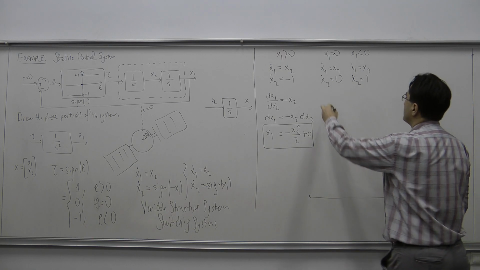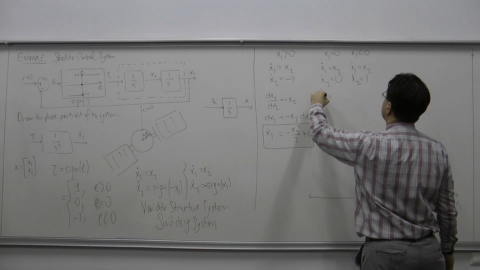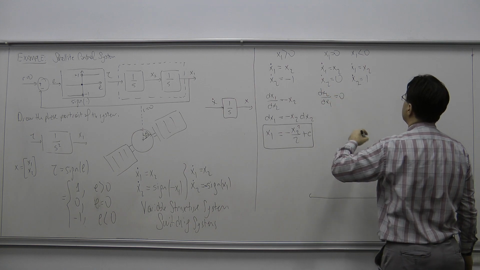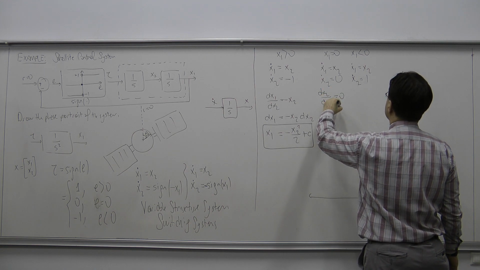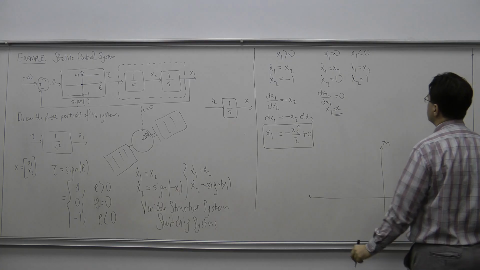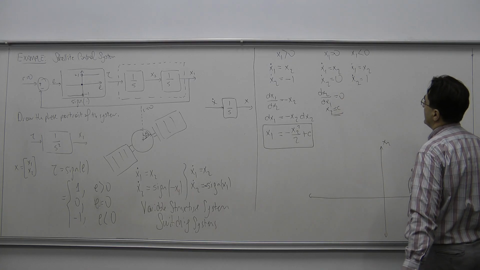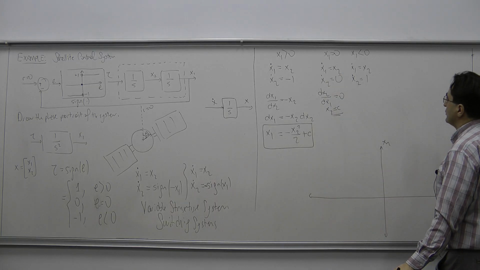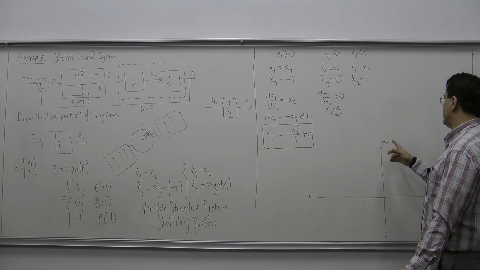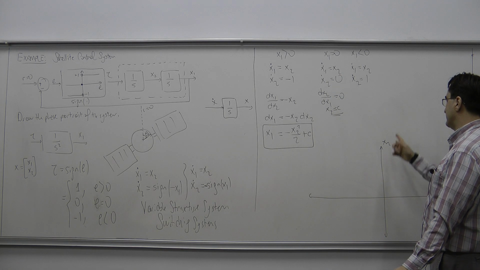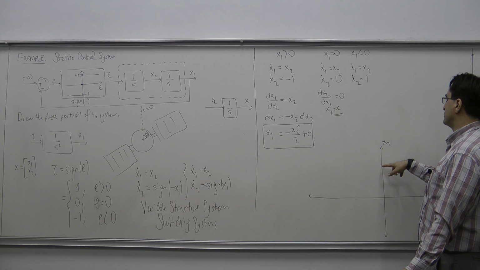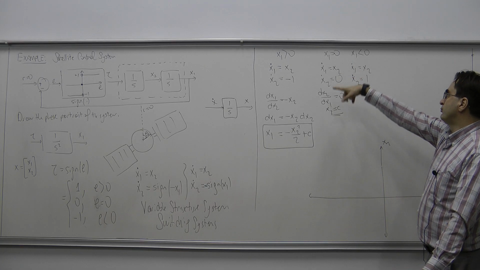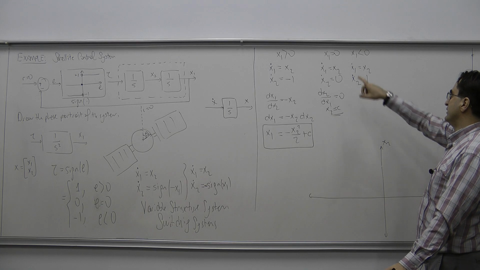So here I can actually write dx2 over dx1 is equal to 0. That means x2 is equal to constant. But we will actually see that this part is not really going to be important, because it only corresponds to this single line, and it's only going to be a single point which would use this dynamic.